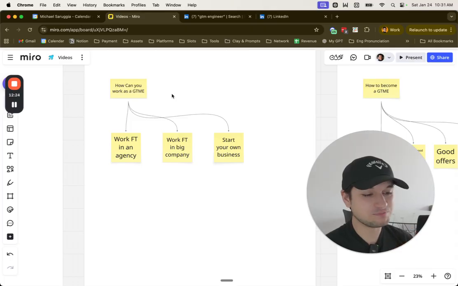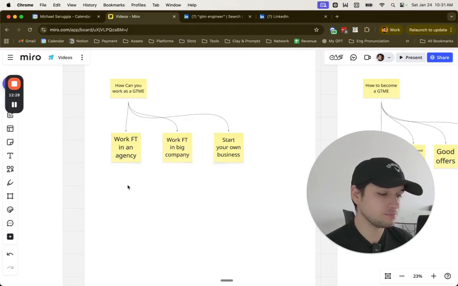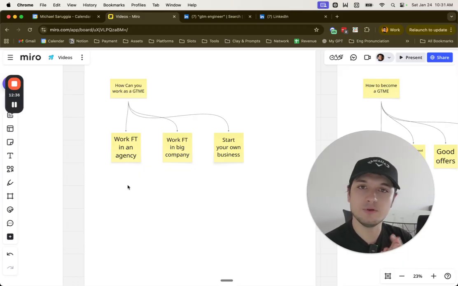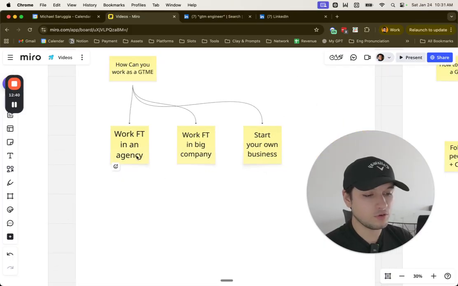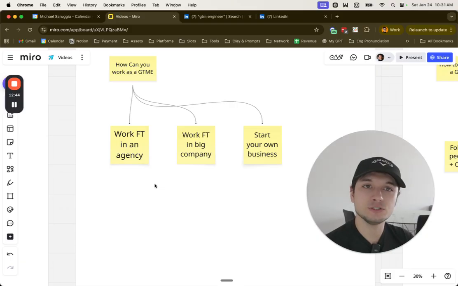Basically, the people I coach, they become go-to-market engineers. They basically get paid, employ themselves in 3 different ways. The first is they work full time in an agency, like a Clay agency, like a go-to-market agency.